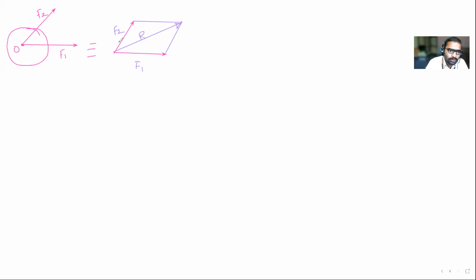The angle between these two forces is theta, and the angle the resultant makes is alpha. I will consider this as O, and I will extend this line and draw a perpendicular from this point.